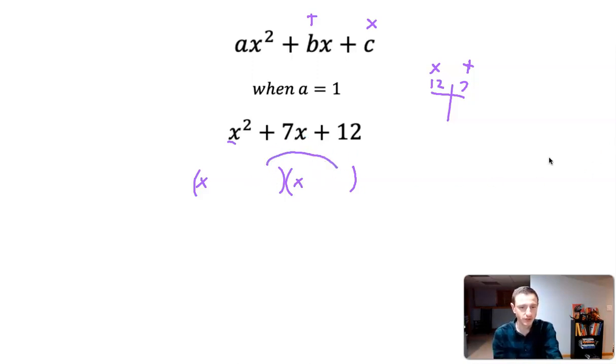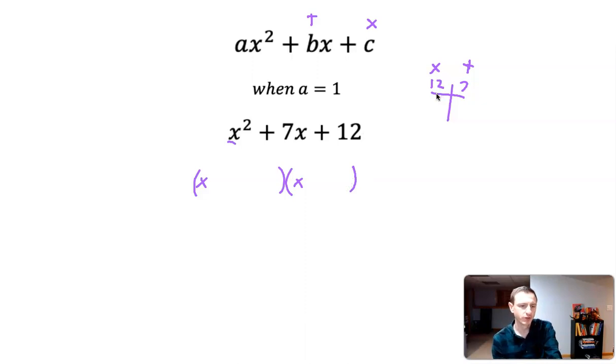So that's why we're using this idea of two numbers that multiply to our c term, and then add up to that middle term, because if we were to multiply these binomials out, it would get us right back to where we started. So if this was like y or something, just some variable, z squared, any sort of variable really, the first term would be the x times x or z times z. And we'll look at some scenarios also with variables when this might have a variable at the end.